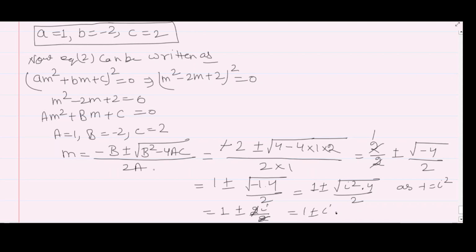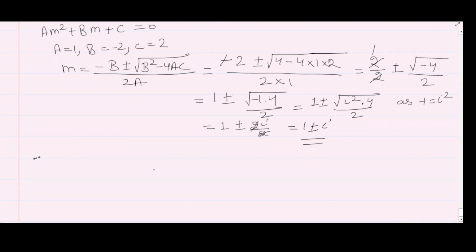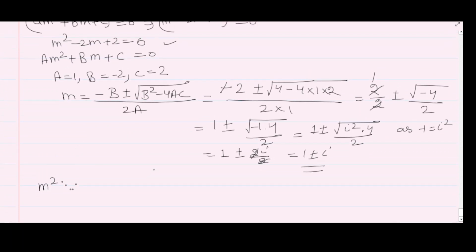So this is the root 1 plus minus i for single m square minus 2m plus 2. Okay, so the roots of m square minus 2m plus 2 whole square equal to 0, as we know.